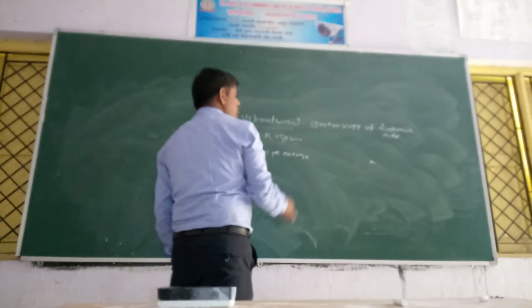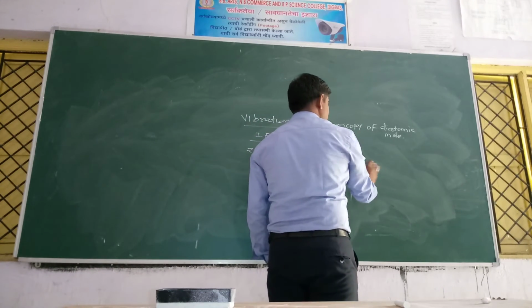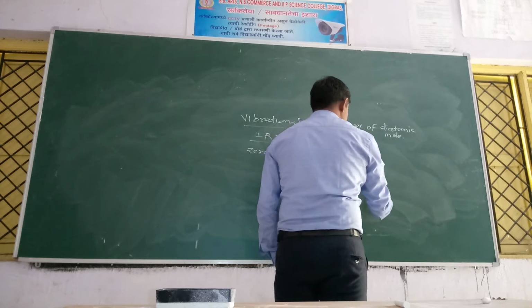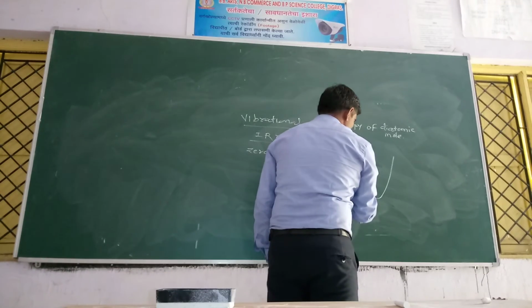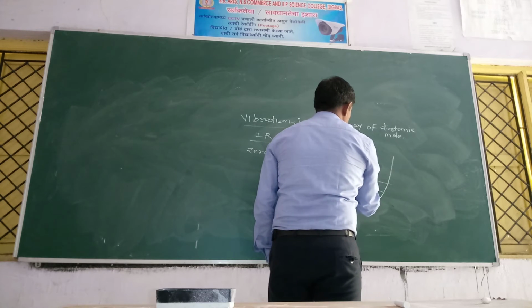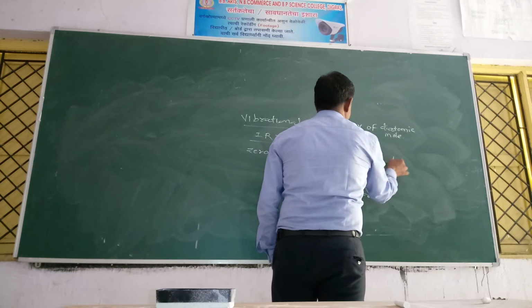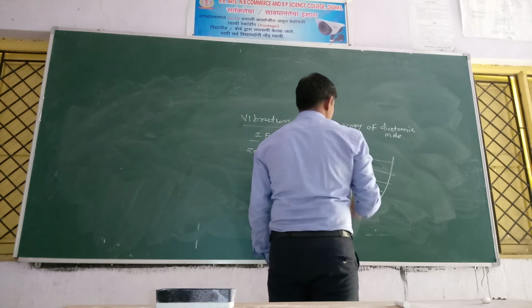What is meant by zero point energy? On the x-axis, energy will be plotted, then vibrational quantum number v is equal to 0, v is equal to 1, v is equal to 2, v is equal to 3, v is equal to 4.